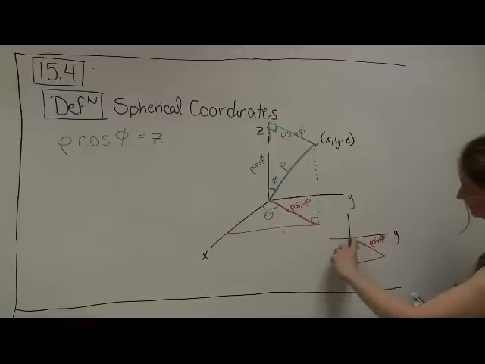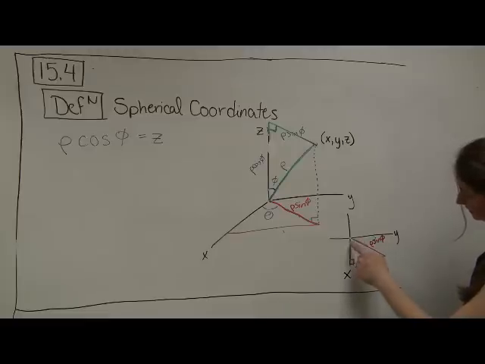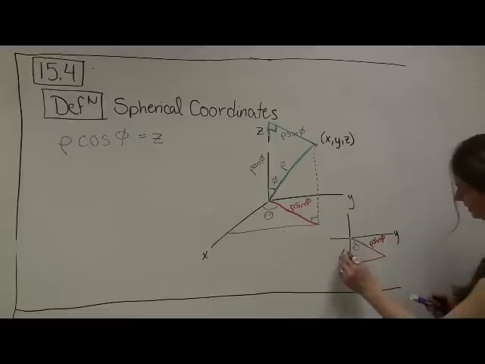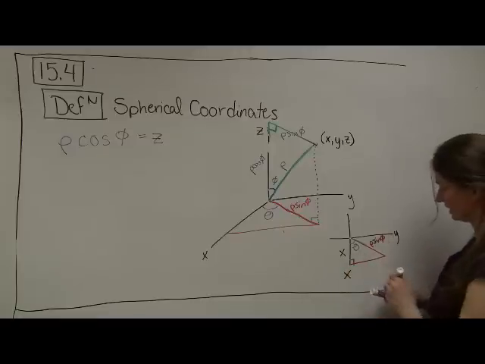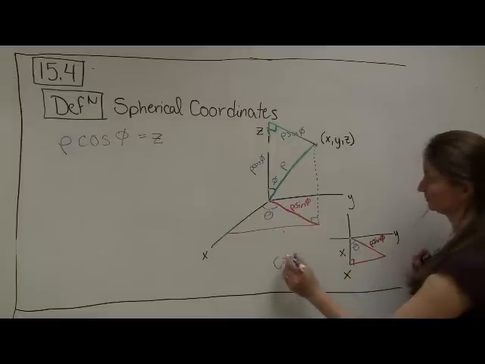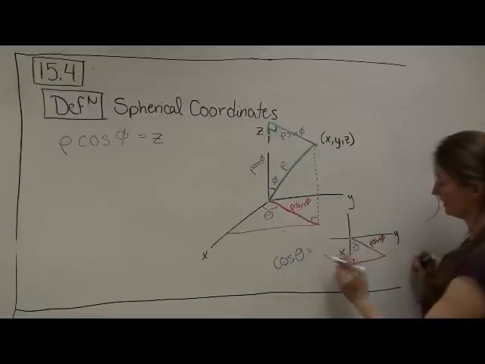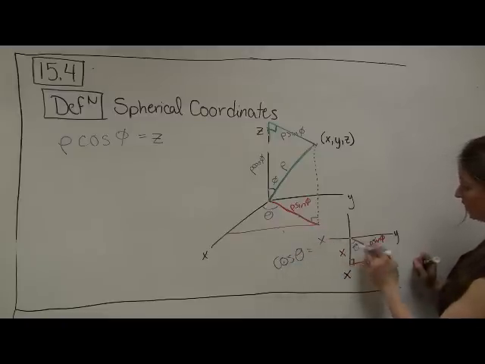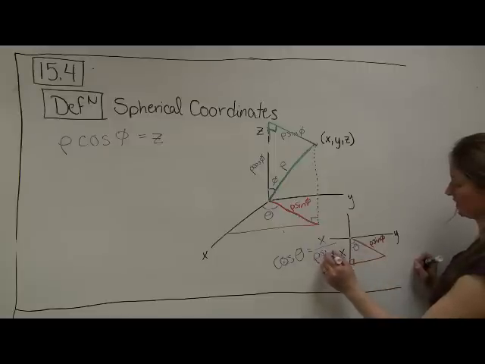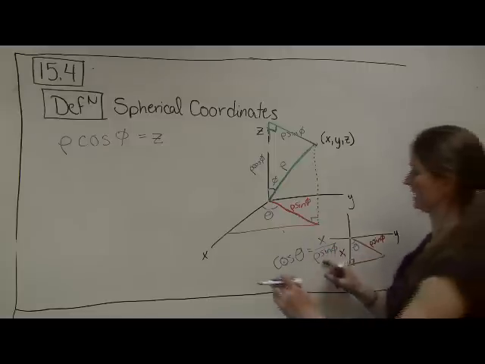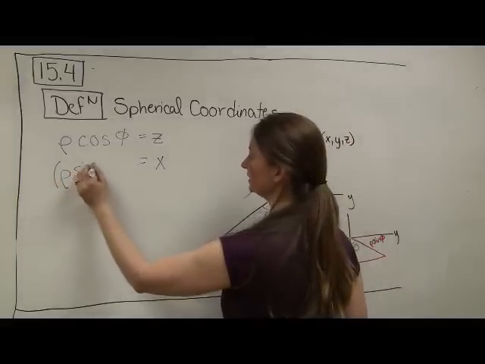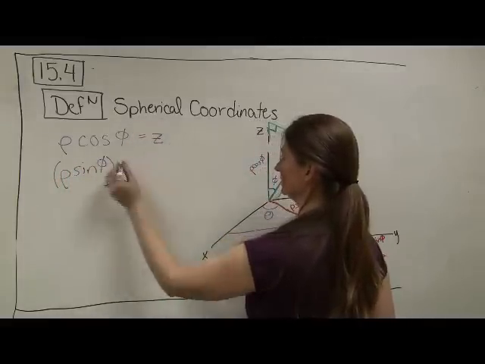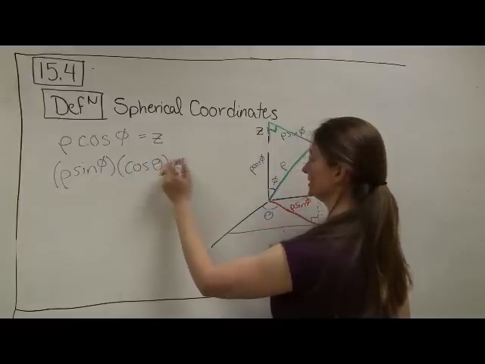And it means that this length in the x direction, if this is my angle theta, is my length of x. It's adjacent over hypotenuse, so that means that the cosine of theta is going to be equal to the adjacent side, which is x, over the hypotenuse side, which is rho sine phi, which means that x in this case is given by rho sine phi times cosine of theta is equal to x.